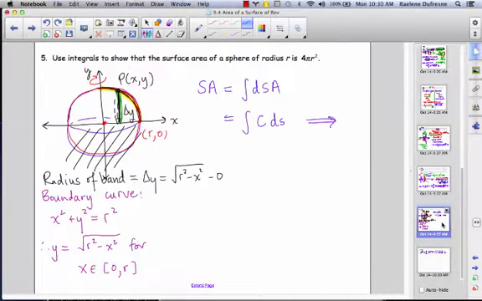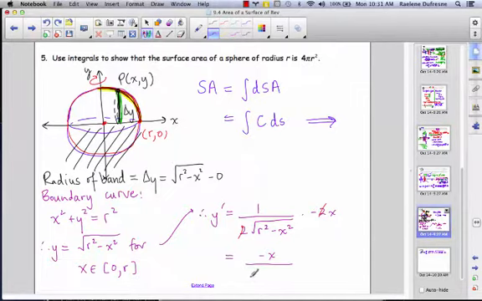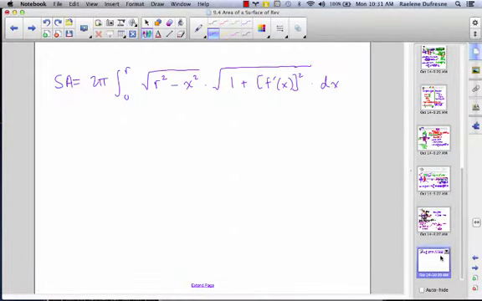And so we should go back and work out what y prime is going to be. Y prime is going to be 1 over 2 times the square root of r squared minus x squared times negative 2x. And we can reduce this to give us negative x over square root of r squared minus x squared. So we have to square that to put it inside the surface area integral.